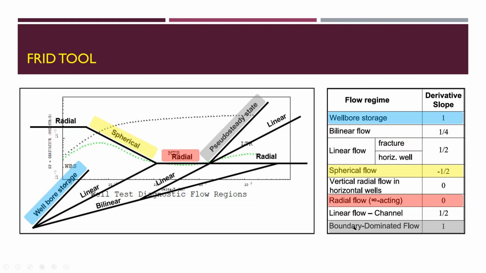And the last one is pseudo steady state or boundary dominated flow, BDF, which is a unit slope. So if we have a unit slope here at late time and a unit slope at early time, it is interpretable as wellbore storage early, and at late time, if it is like that, that means we are dealing with a closed reservoir.